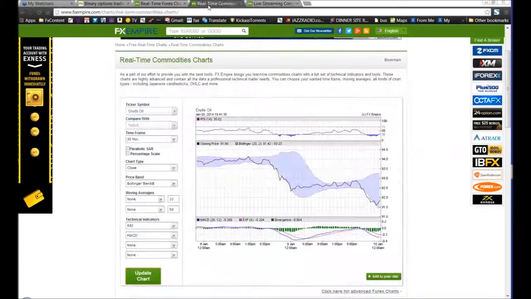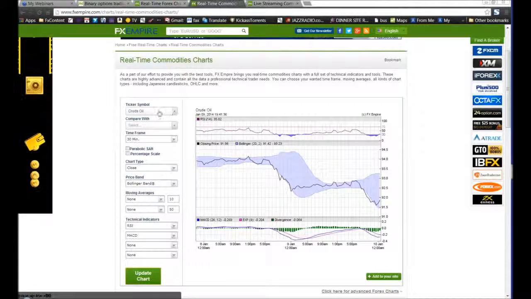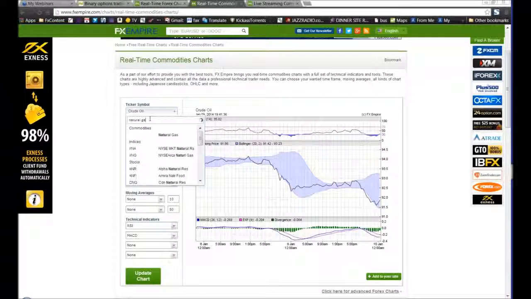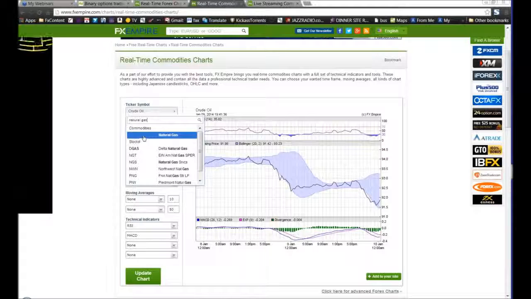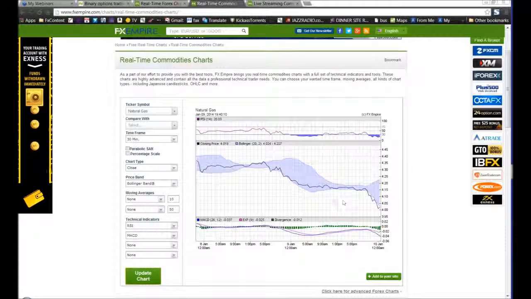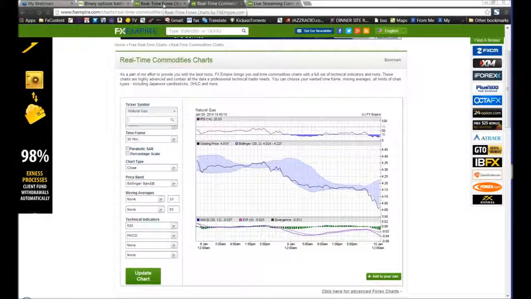Okay, so let's go back over one more time and take one more closer look at natural gas and see if it's still holding out there. Okay, see, natural gas is still out there and a clear-cut signal. Then let's go back over and look at the Canadian dollar.